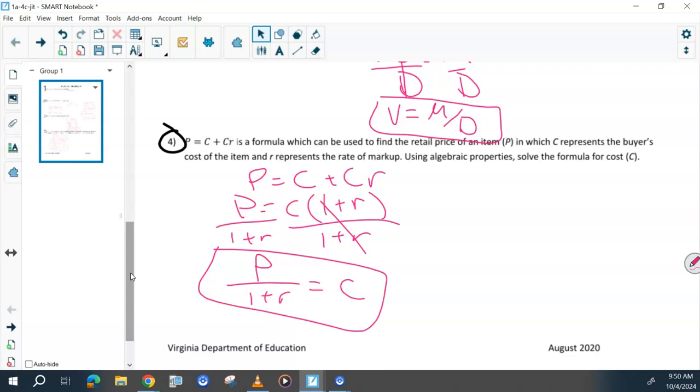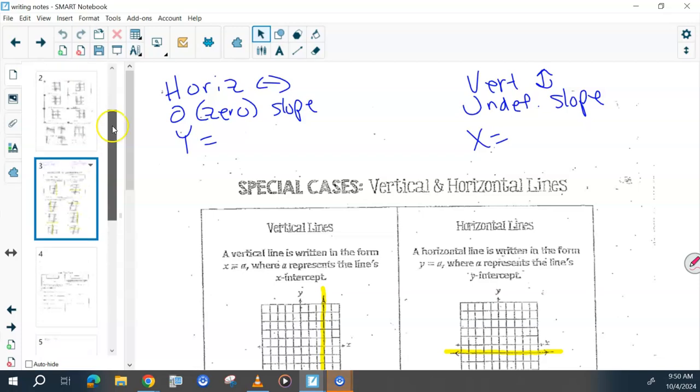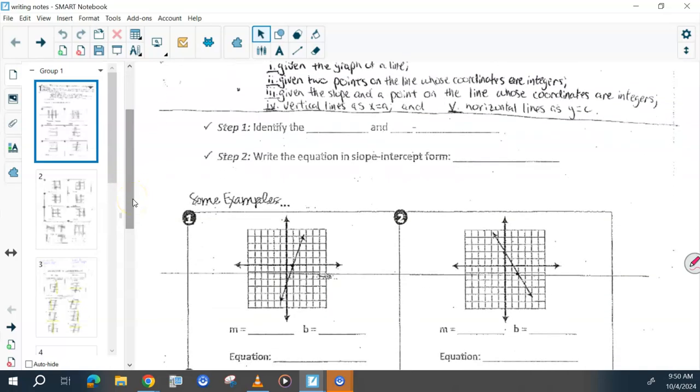Okay. And then very briefly, we're going to start these notes, but not do very much with them. So this first part is a lot about writing in different formats, from equations, from graphs, from points, from other things. So today we're just going to talk about how to write an equation from a graph. We have to identify the slope and the y-intercept.